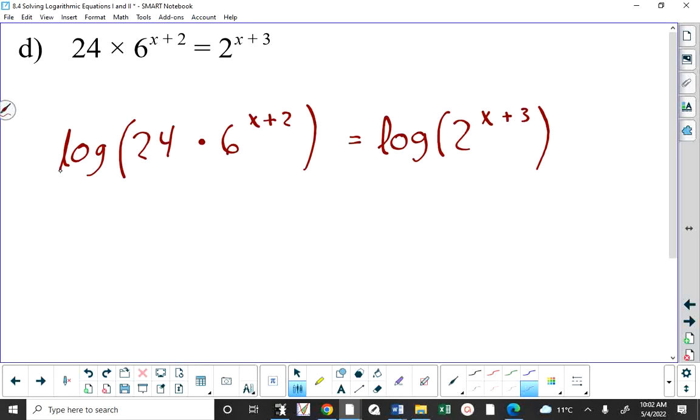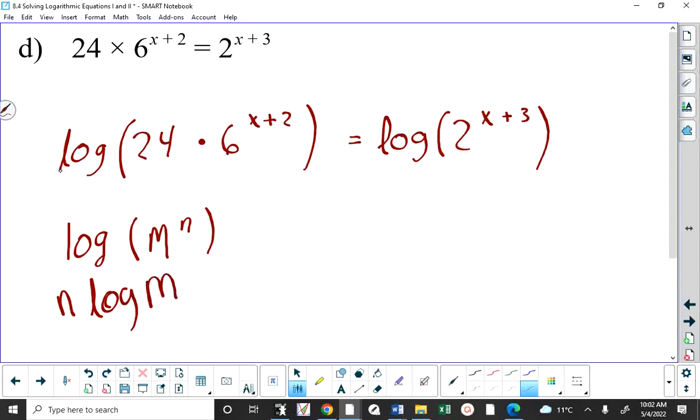Another maybe way to put it for other people who need a second viewpoint is the rule is log base whatever, and this is going to be base 10, so I'm not even going to put the 10 in, of m to the n is the same as n log of m.